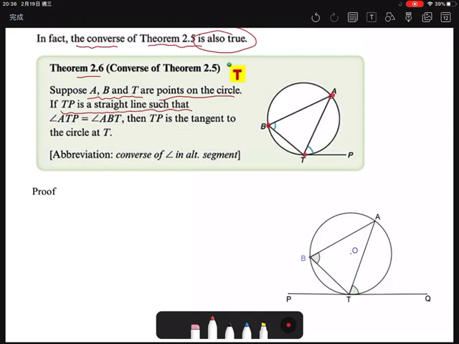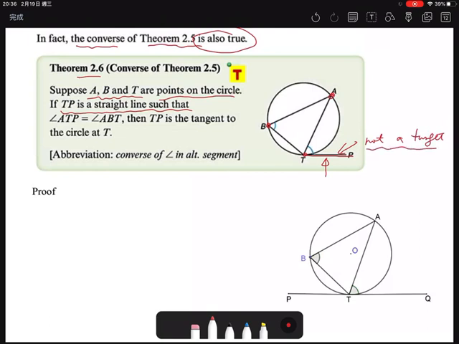If TP is a straight line, pay attention, here it is not given that TP is a tangent. So pay attention, it is not a tangent.